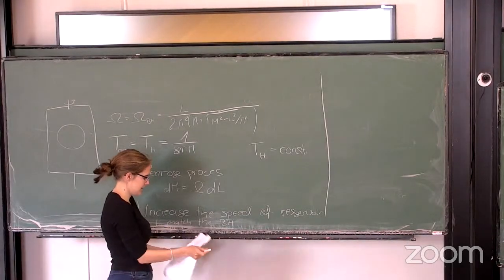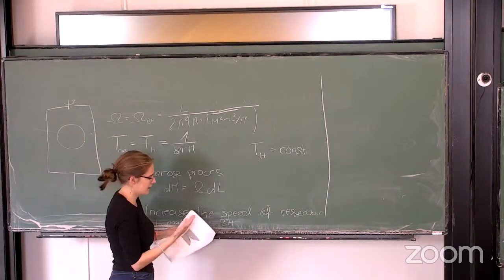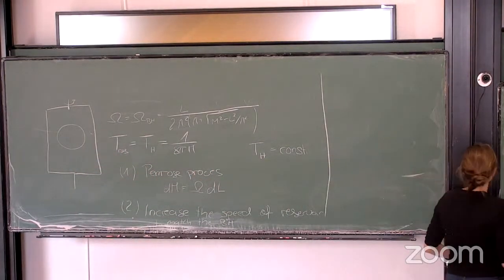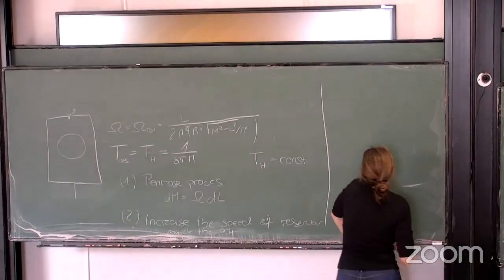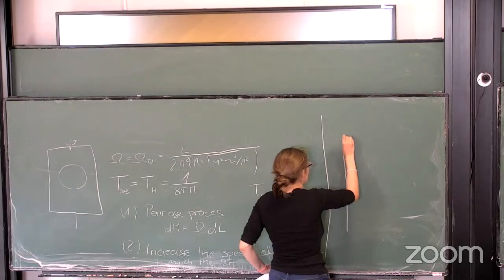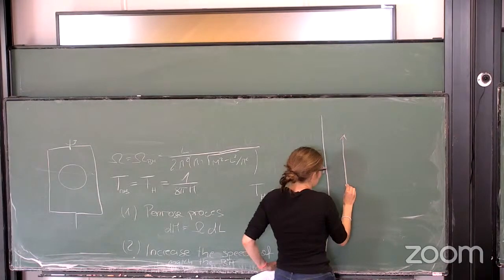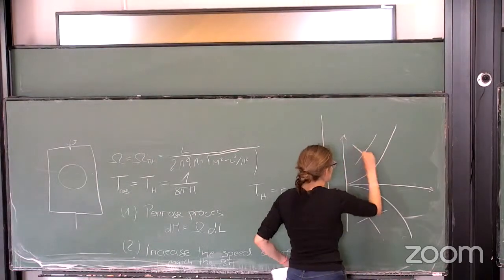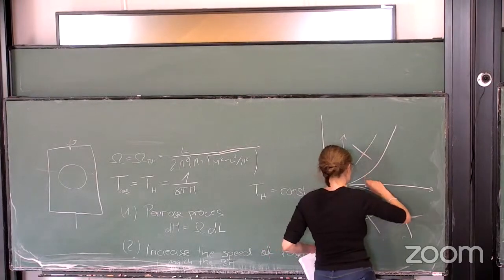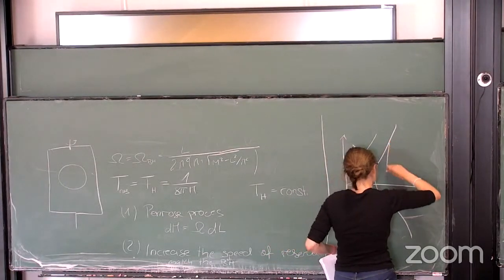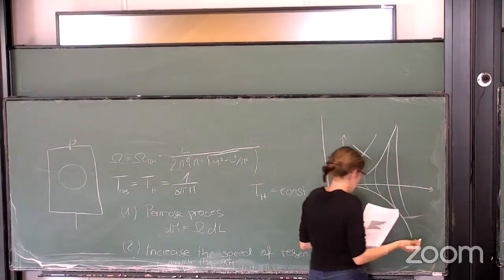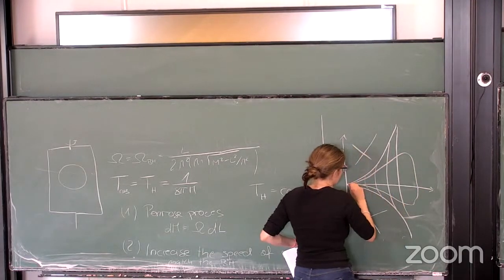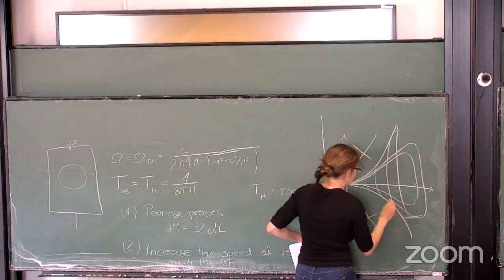So with this, we have enough processes to reach all states. Maybe I can draw the diagram again, like the overview. We have again these forbidden areas, we have the Penrose processes, and then we have these lines of constant temperature around like this.